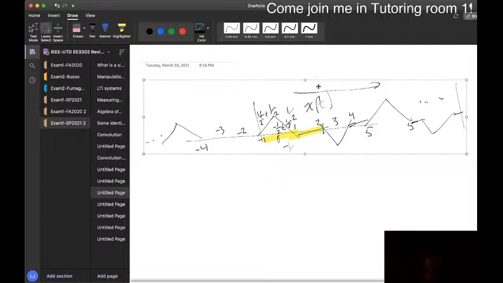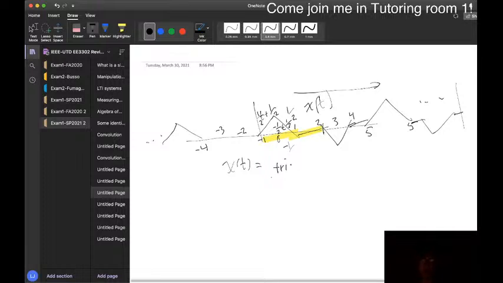Okay, so this one. So they say that, notice that x of t is equal to that triangle function, so this is 1/2 times the triangle function of t.